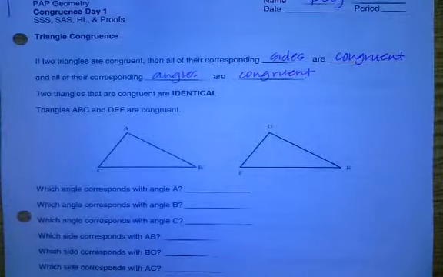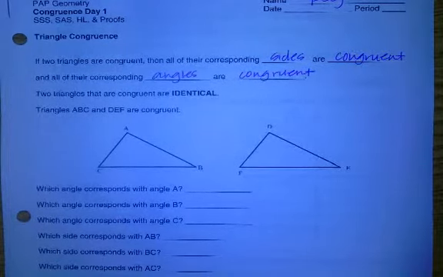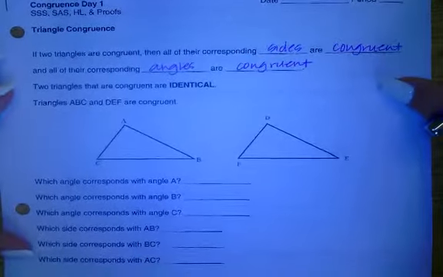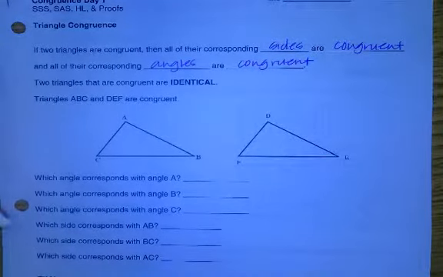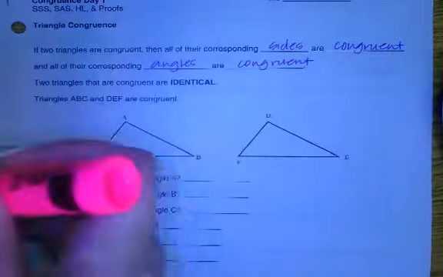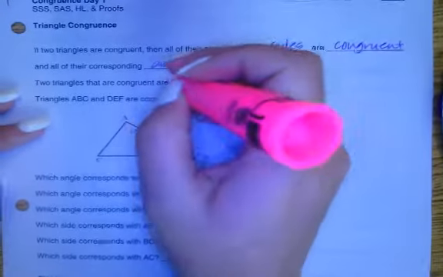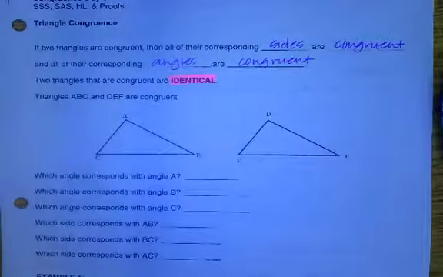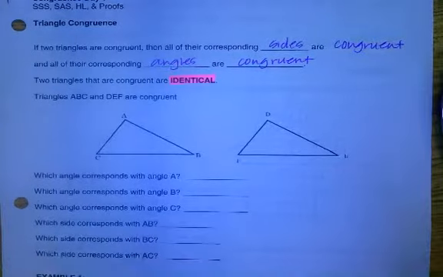When we were proving that triangles were similar, we focused on corresponding sides being proportional and angles congruent. Now we're looking at the sides being congruent as well as the angles being congruent. So two triangles that are congruent are identical. If you want to highlight that, you can. They are identical. So triangle ABC and DEF are congruent.